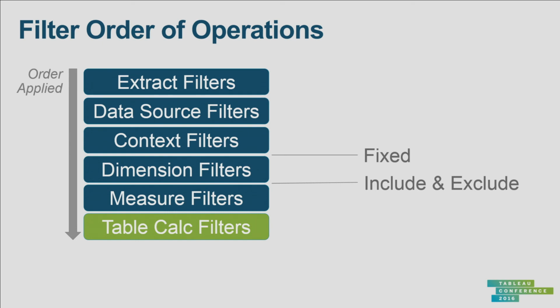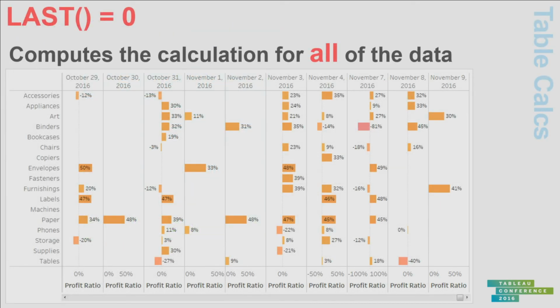So table calculation filters are the last thing in our order of operations to run. And that profit ratio that we're computing on the daily level, that's already run. So a table calculation filter actually just hides what's on the view, but it doesn't change the query that's going back to the database or the extract. So this is actually what we're computing. We're computing a profit ratio for every subcategory on every day that there is a purchase.